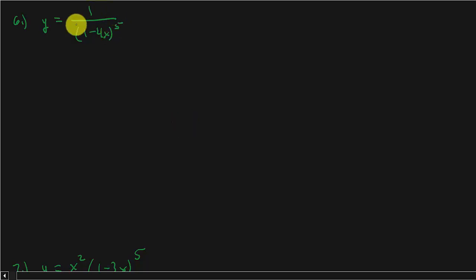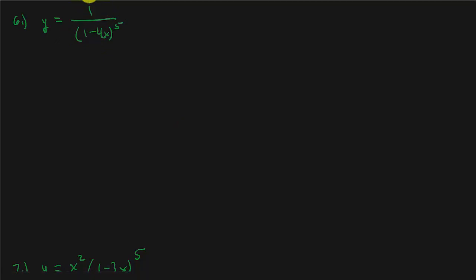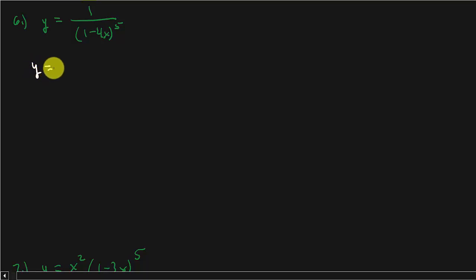So look at this. Notice how we have a number right here. You see that 1? There's no variable. There's no variable in the numerator. It's just a number. So if you just have a number in the numerator, just bring this up, okay?